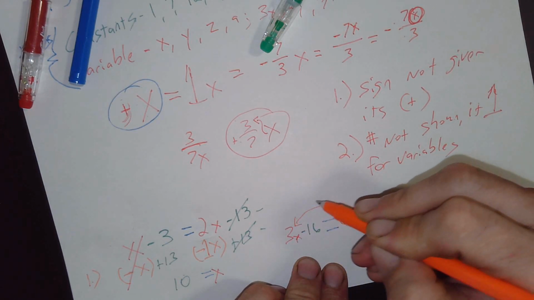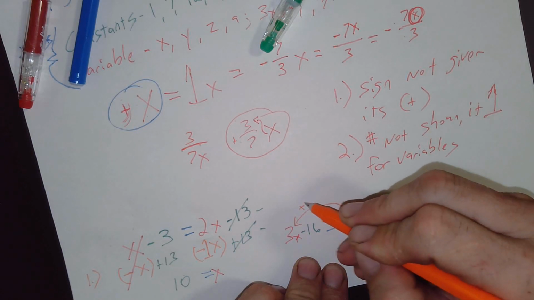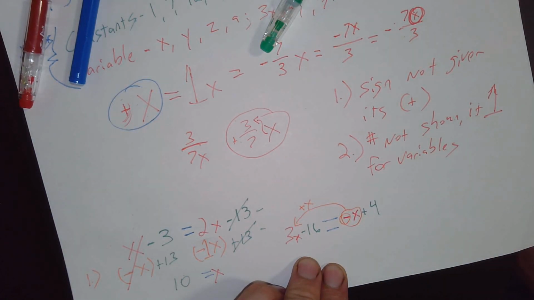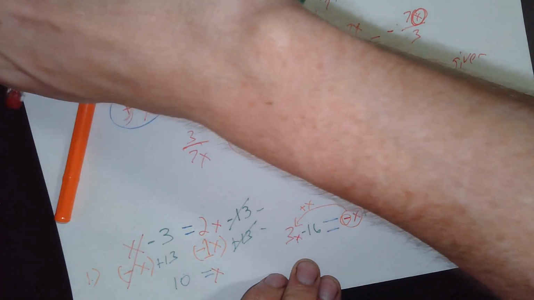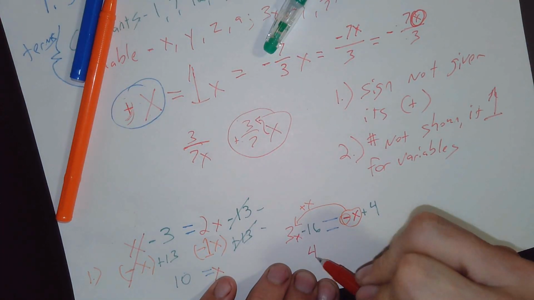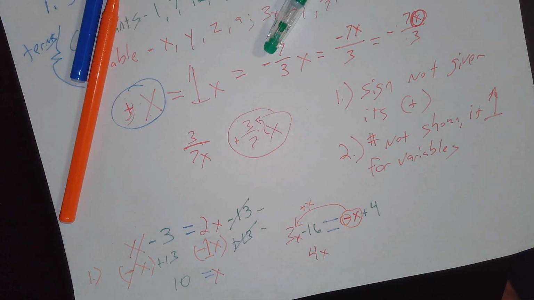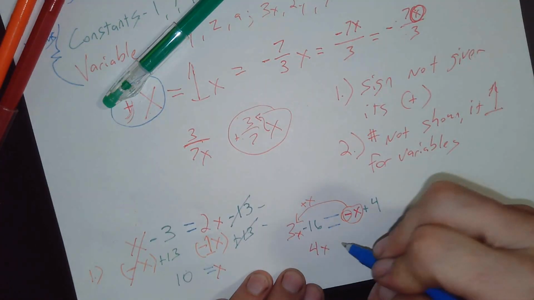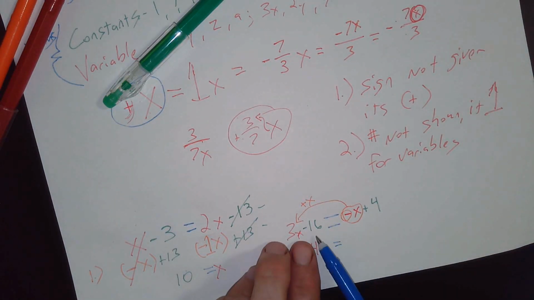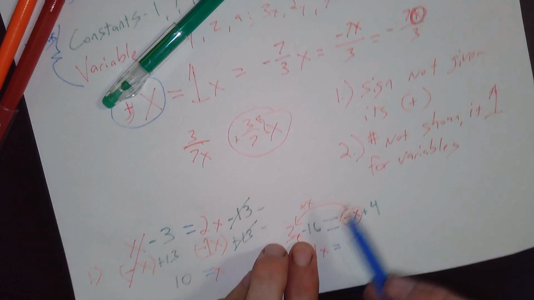So this is going to become positive x. I'm going to add positive x to the 3x, making this 4x.